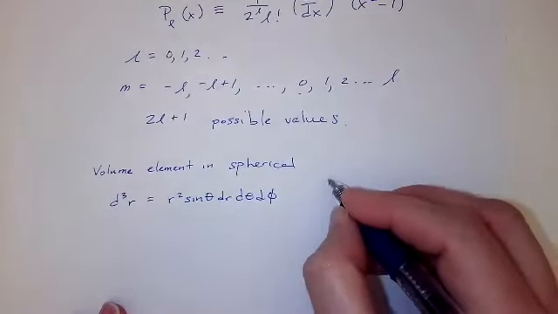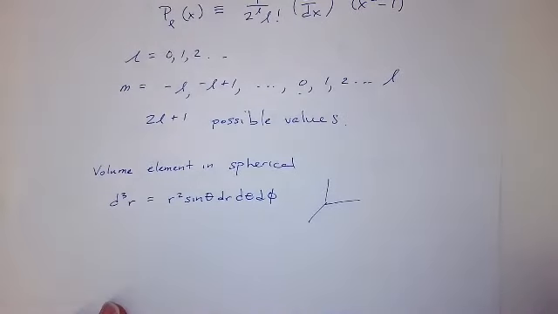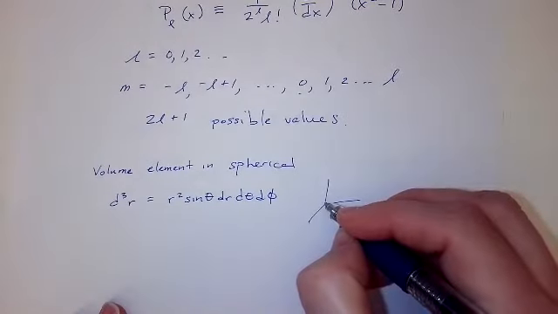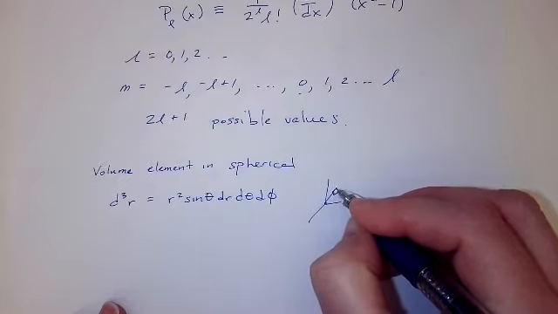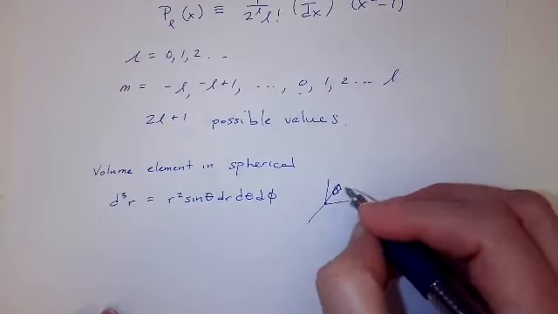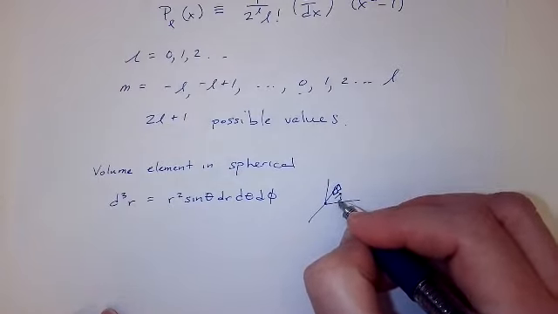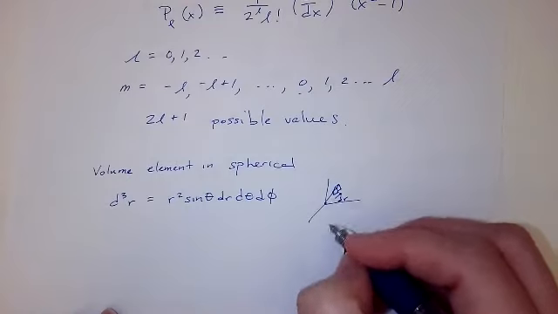So we have an r squared, a sine theta, and then a dr, d phi, d theta. And that is just describing, if we're in our xyz, instead of having that little box, we have kind of a strangely shaped cube that is going a little further out in the r direction.